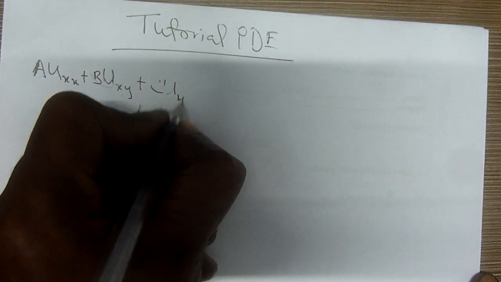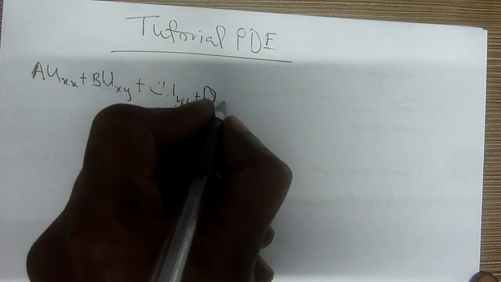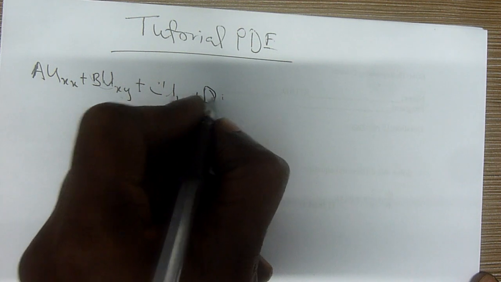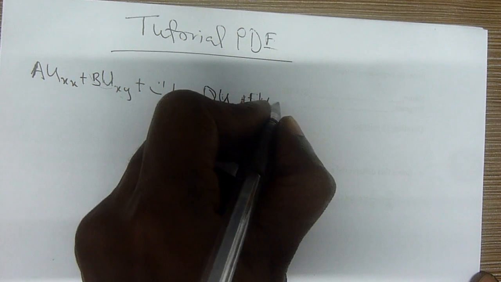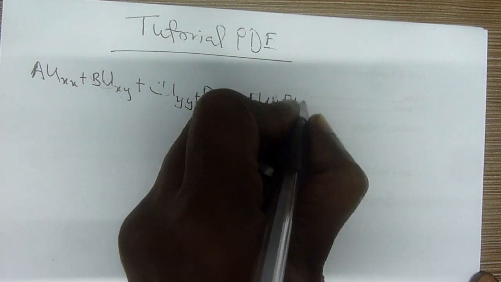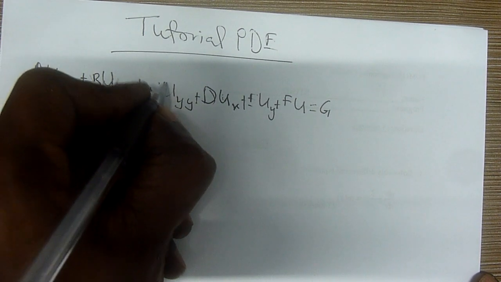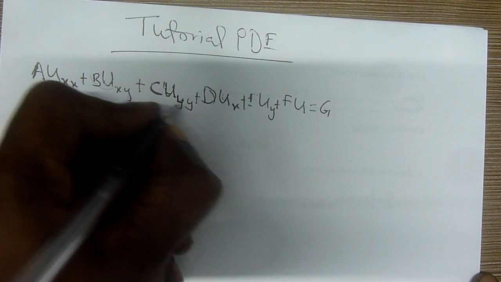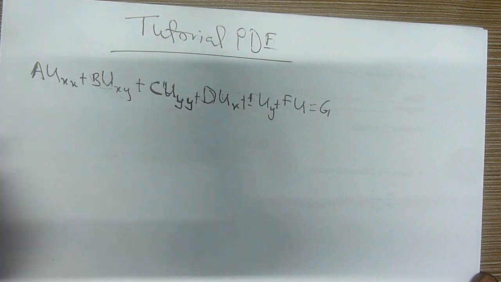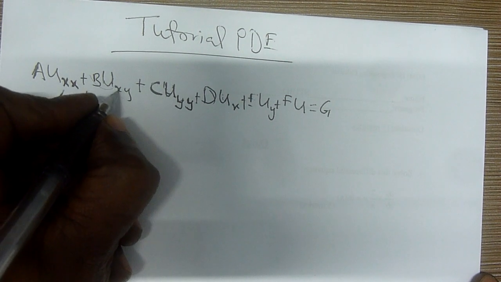Now you can see this is U, this is C. This is an equation for the second order, whereby you have the combination of x and y.